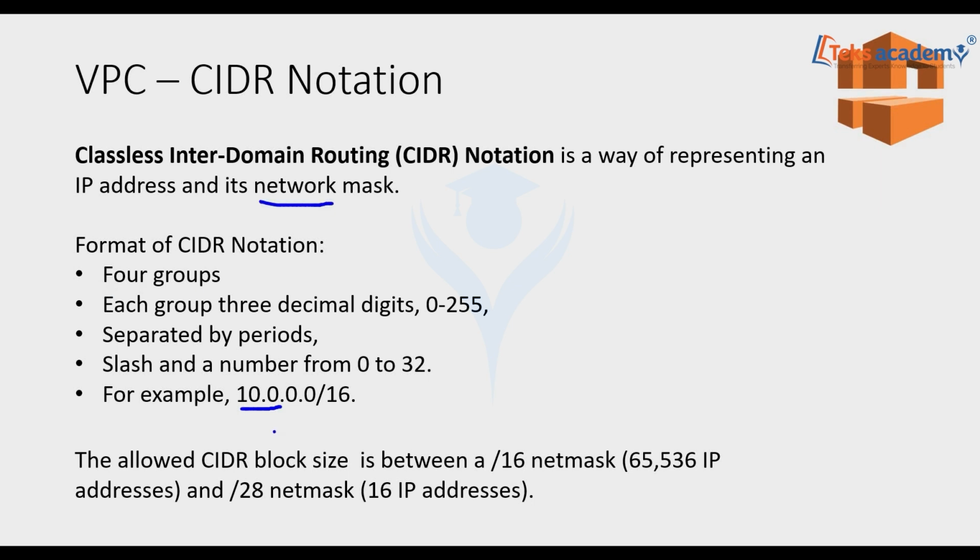It specifies the network ID, and the last two groups specify the host ID. So when it says /16, that means this network can have 65,536 nodes connected or IP addresses assigned in this network.